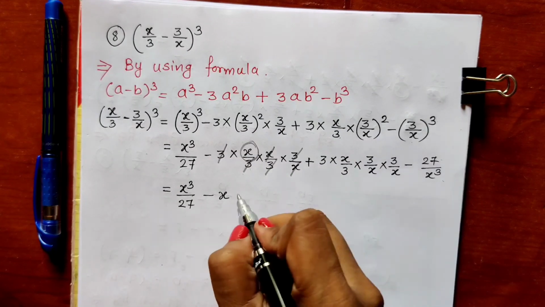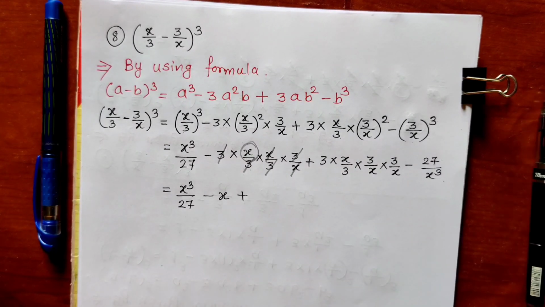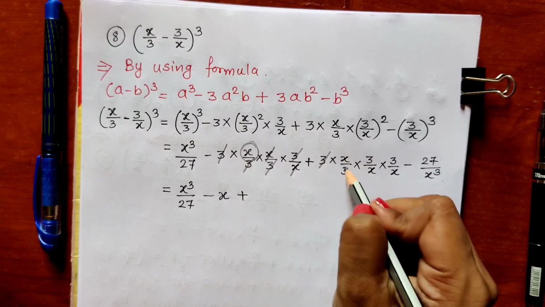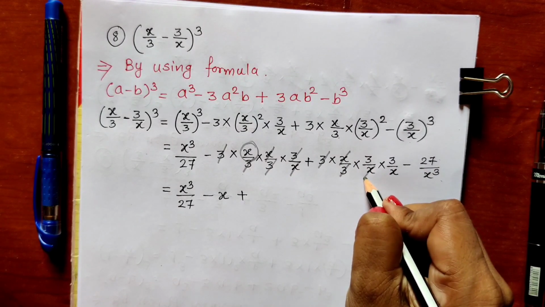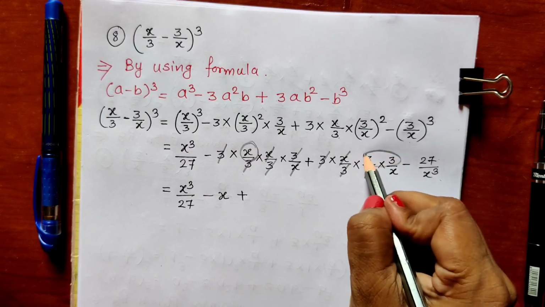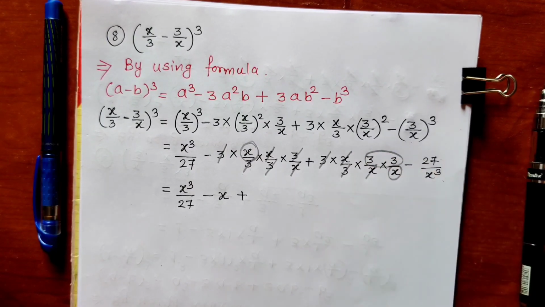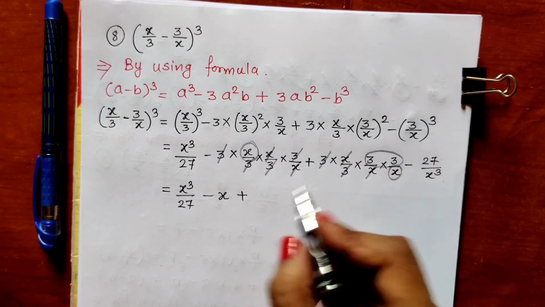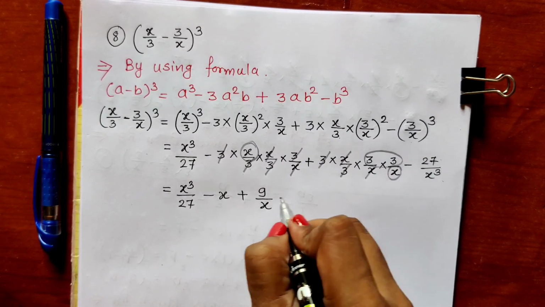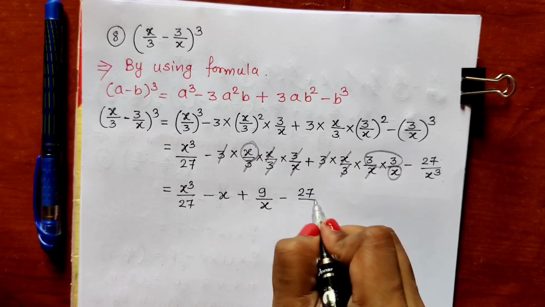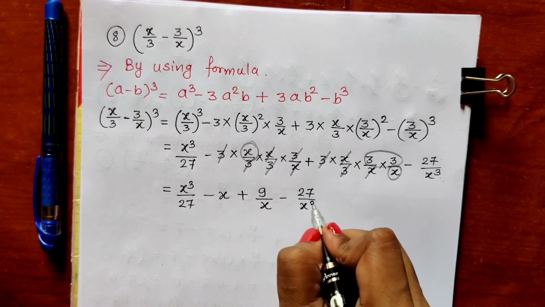Plus 3 with 3, x with x. What is remaining? 3 into 3 upon x. So 3 into 3, 3 3s are 9 upon x, minus 27 upon x cube as it is.